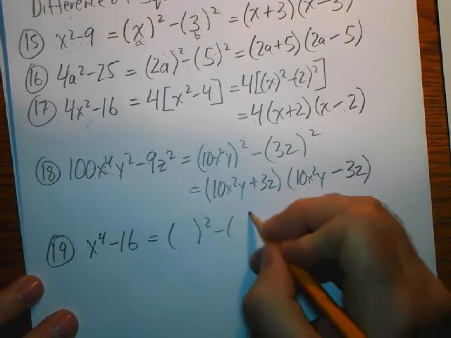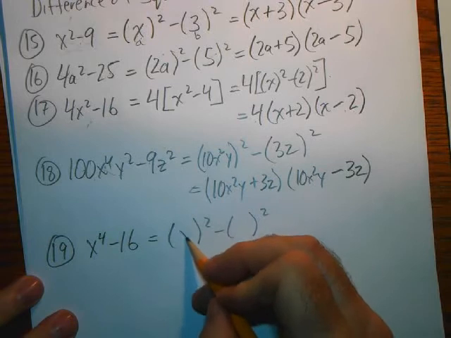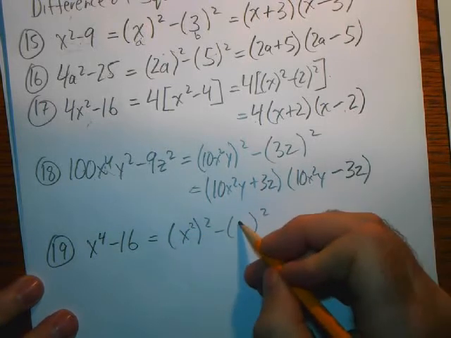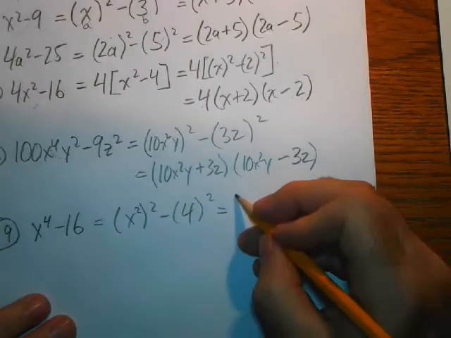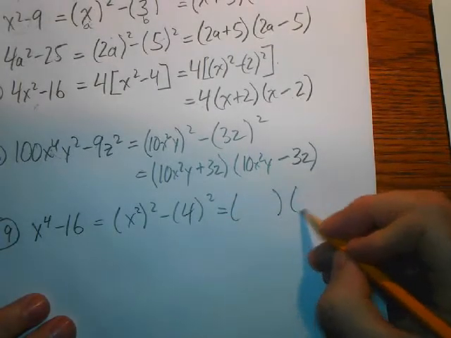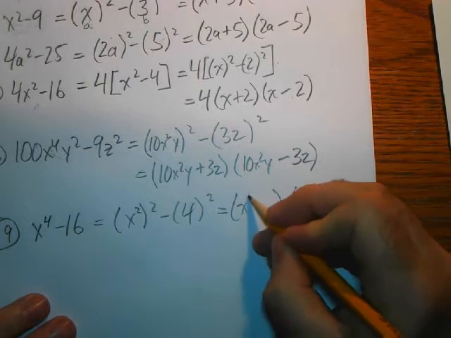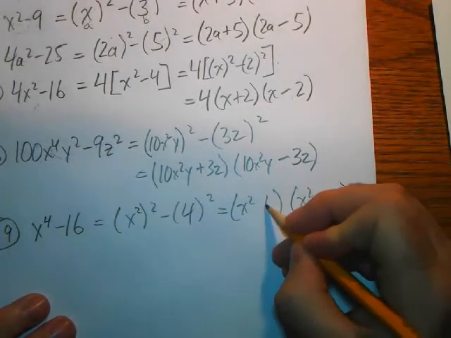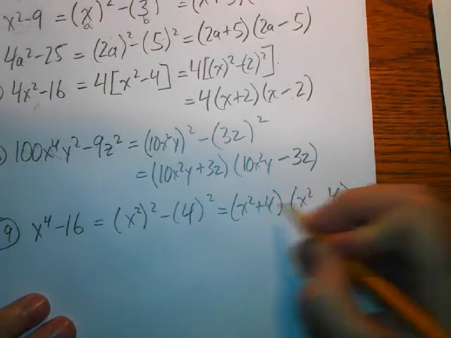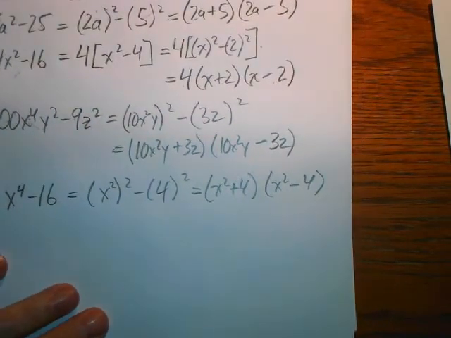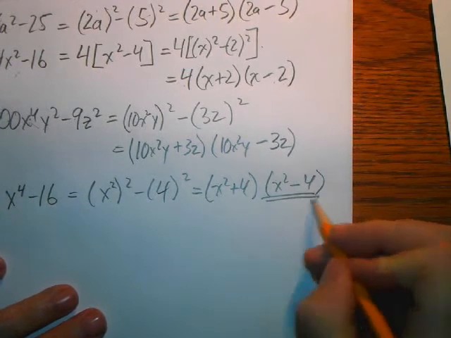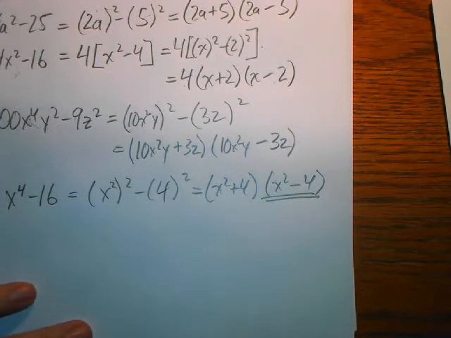So looks like the factors are, I have an x squared first term, and I have a 4 here, plus and minus, and you would think you would be done. However, this factor is still factorable. This is another difference of squares, because I've got two terms, subtract sign.